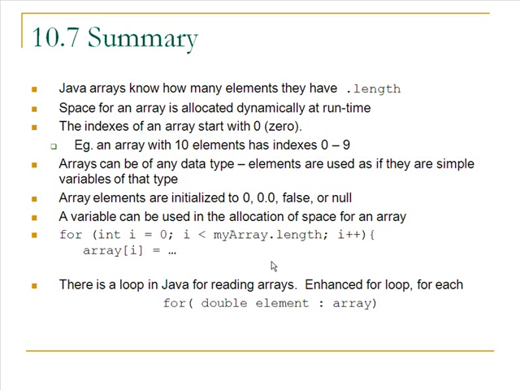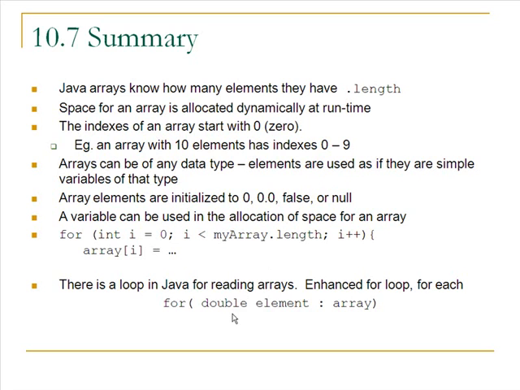Well, because the memory is allocated dynamically at runtime, you can use a variable to determine how many elements you're going to allocate. So when you create the space for the array, you could generate a random number, for example, and have an array that would be a different size each time you run it.